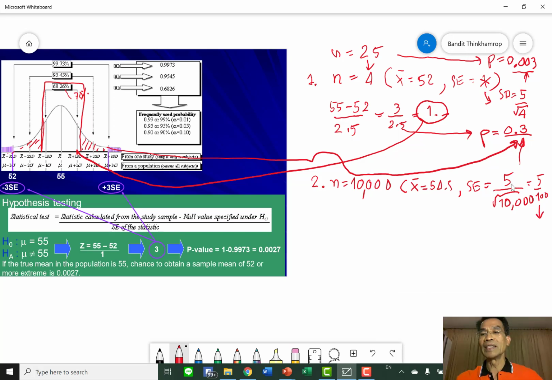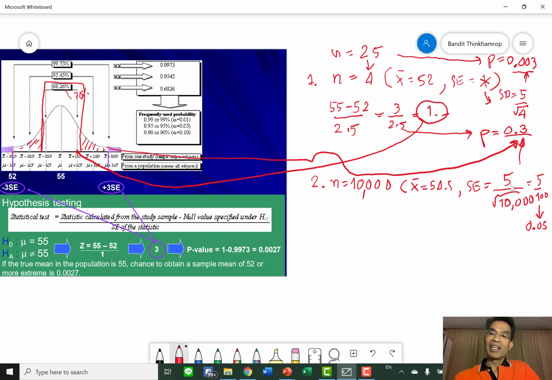So the SE is 0.05, a very small standard error, because a large sample size gives sampling means that are close to each other.